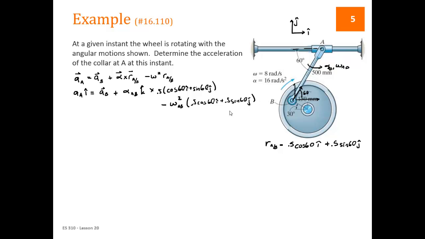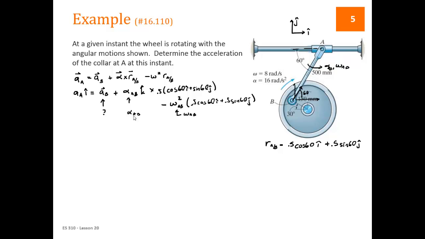We need to figure out what all these unknowns are so we can plug them in and find A_A. So we need to find an expression for A_B, an expression for alpha_AB, and an expression for omega_AB. This equation can solve two unknowns, but we have three unknowns. So we need to find one of these things in order for this to work.